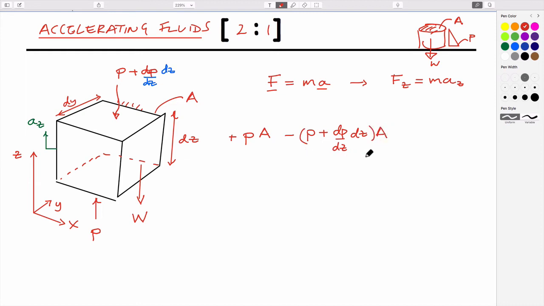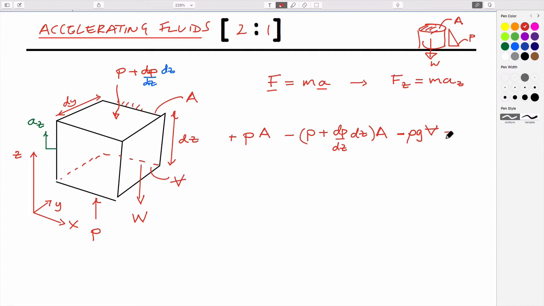Again, a pressure multiplied by an area is a force. And we have this acting downwards, which again is negative, because it's acting down against the direction of this. And it's going to be equal to rho times g, which is the unit weight of the fluid, multiplied by its volume of this differential cube.